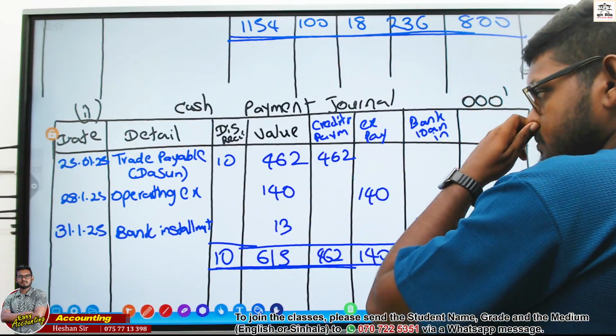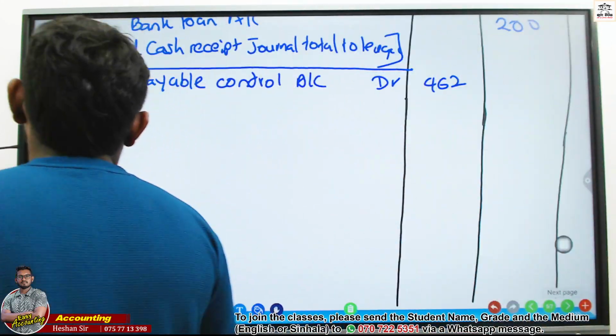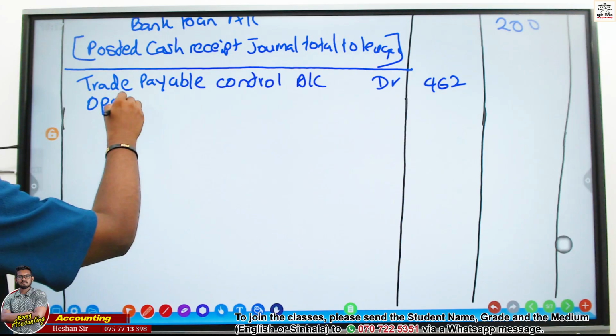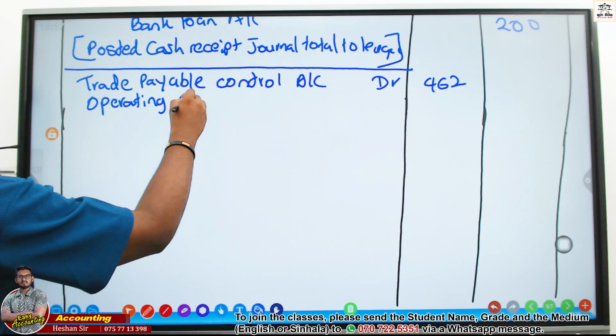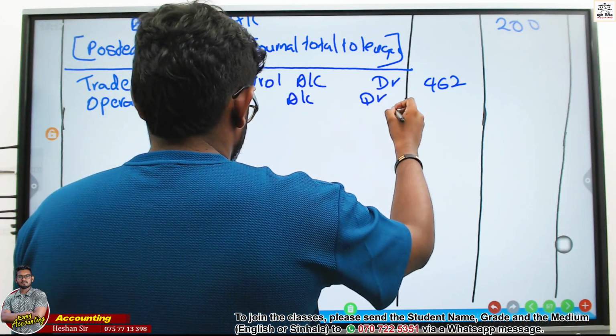Then operating expenses debit 140. Operating expense account debit 140.